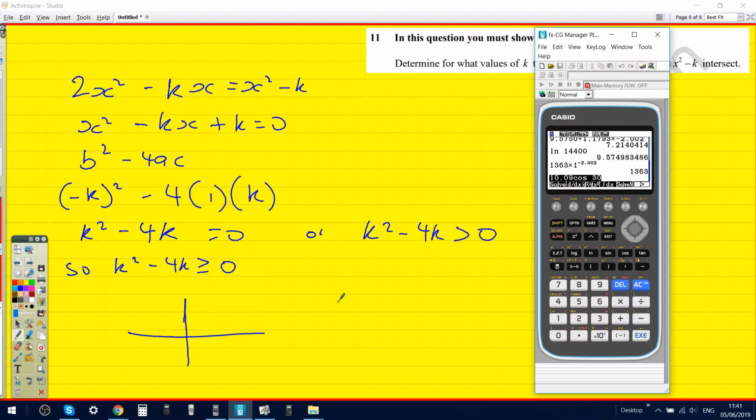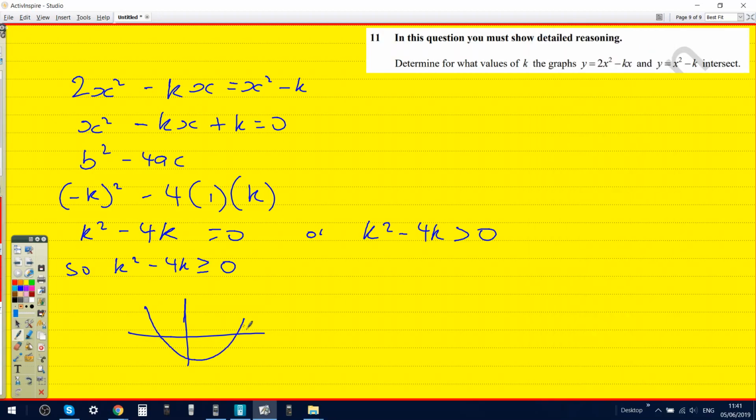Oh, where it's greater than 0. Oh, so x is greater than 4 and x is less than 0. So it looks like that. And so it's when x is greater than 4 and x is less than 0. And so those are your values.